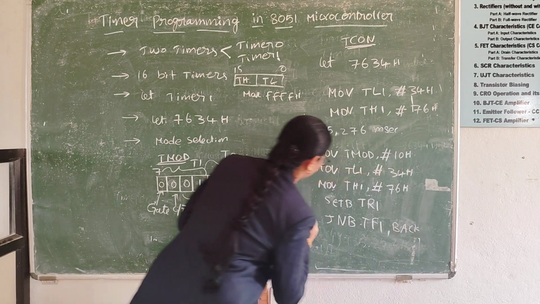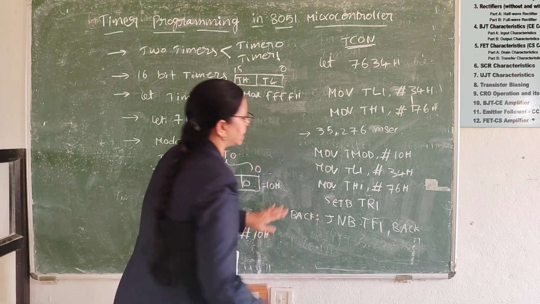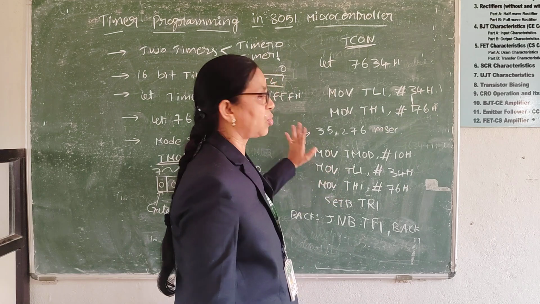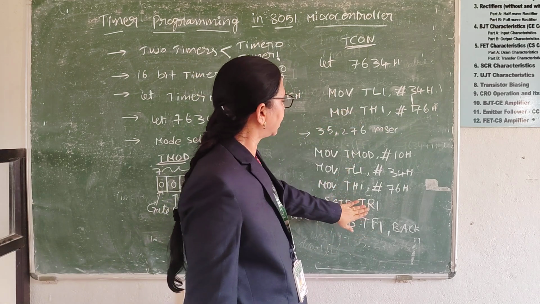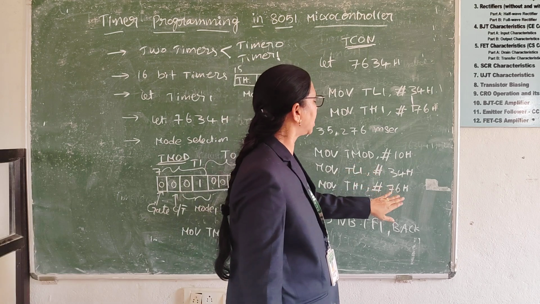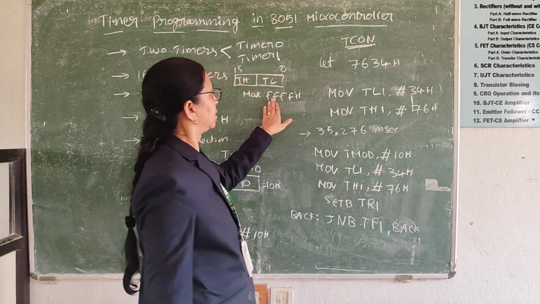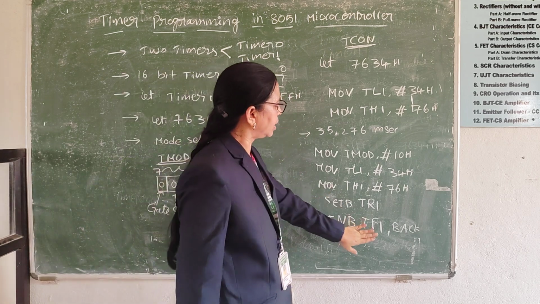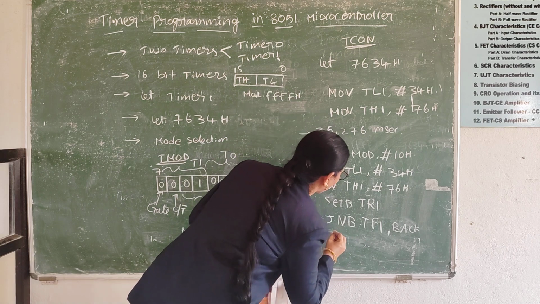Every time we check whether the timer has overflowed. Counting starts from the initial value 7634H and reaches the maximum value FFFFH. Whenever the flag is set, it stops.